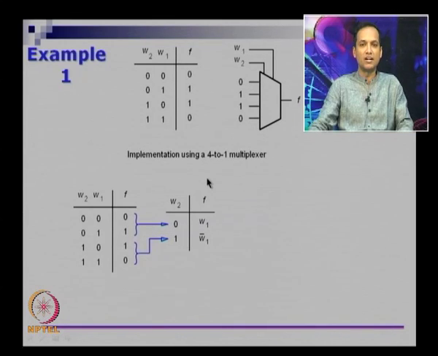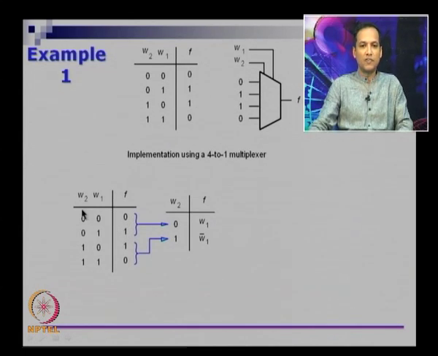I want to see if we can use a 2-to-1 MUX, because a 2-to-1 MUX is actually cheaper in terms of the number of basic transistors in it than a 4-to-1 MUX. So let us see how to do that. If you take this one, you look at the combination here, 0 and 1.